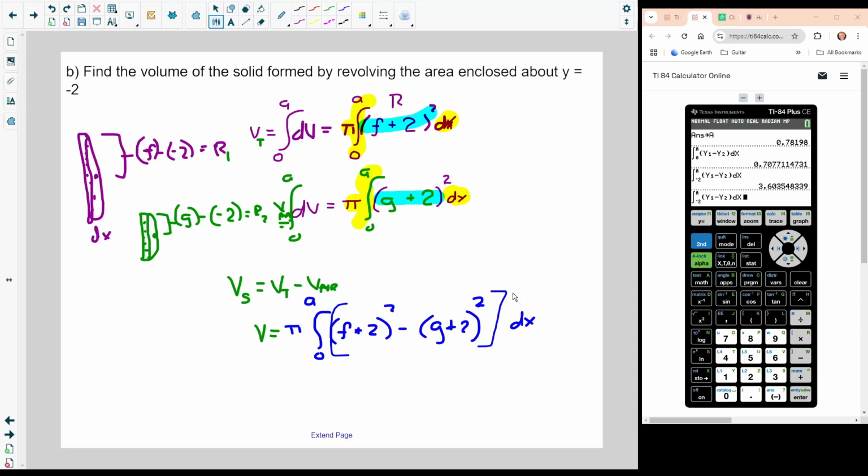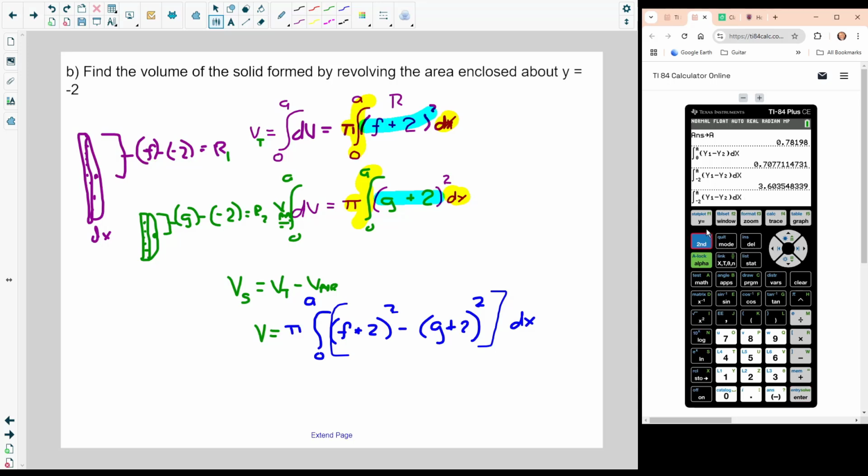So that's how I'm going to type it into the calculator because it's just a little quicker. It is how the book solves it: R2 squared minus R1 squared. But be careful. A lot of kids put this all together and make one single squared, and that leads to errors. But basically, that's it. You can leave it just like this, by the way. Notice I'm not using the algebraic expression for F and G because it's a time waste, as well as not writing the letter A over and over again.